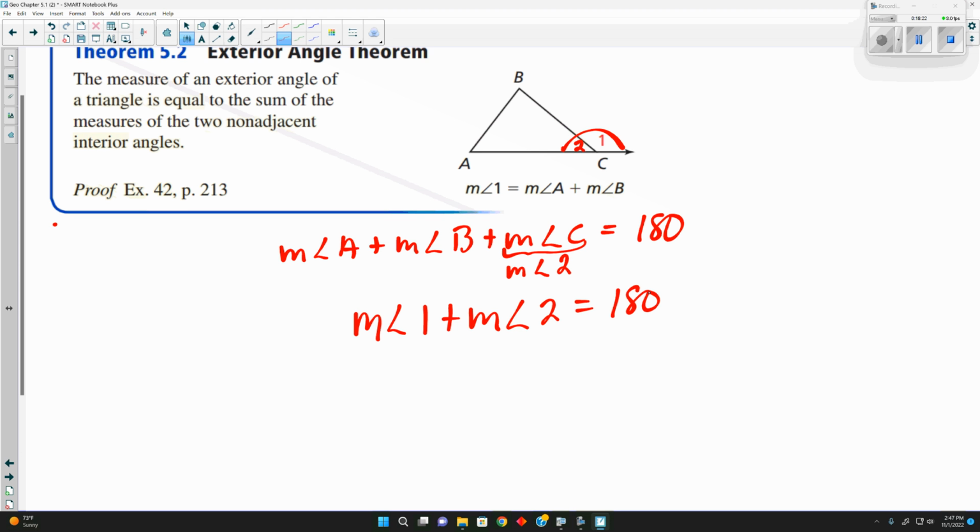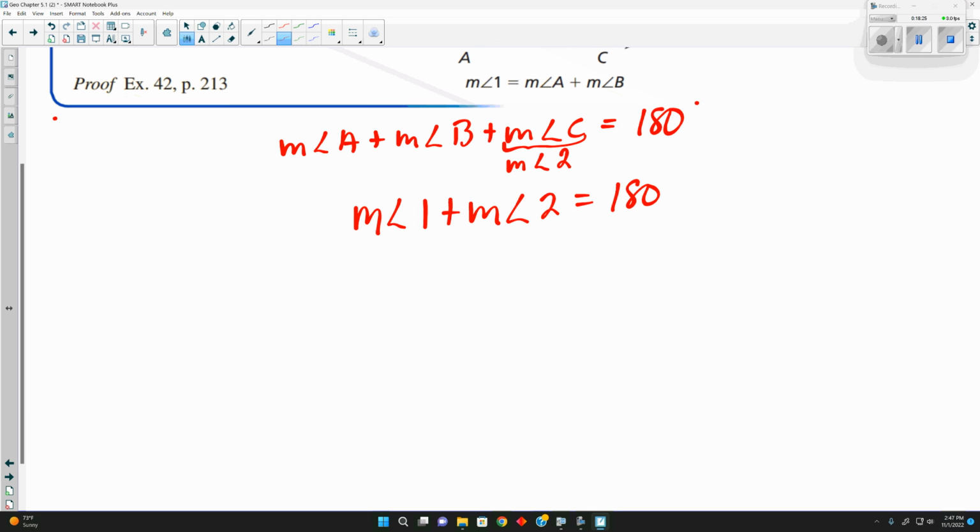Well, these two equations here are both 180, yes? According to the transitive property of equality, we can set these two equal to each other because they both equal the same thing, yes?